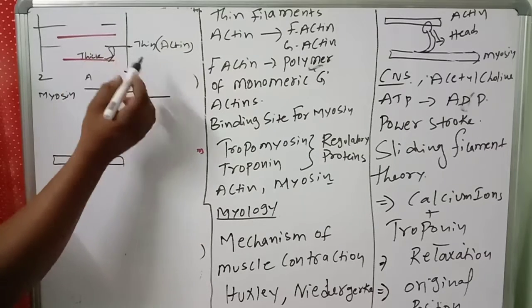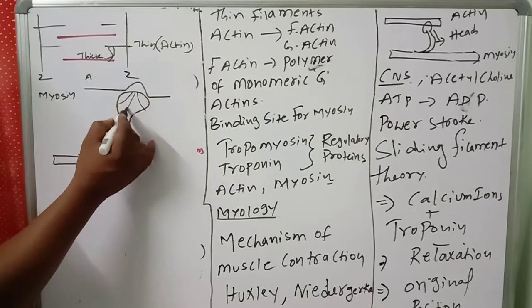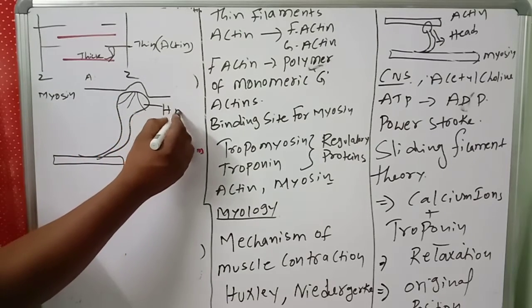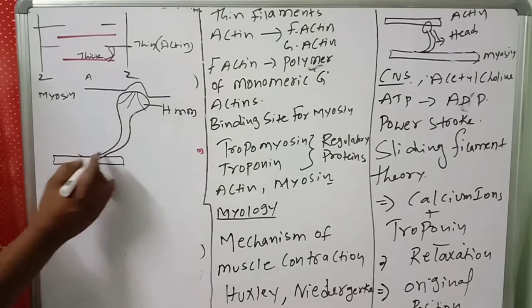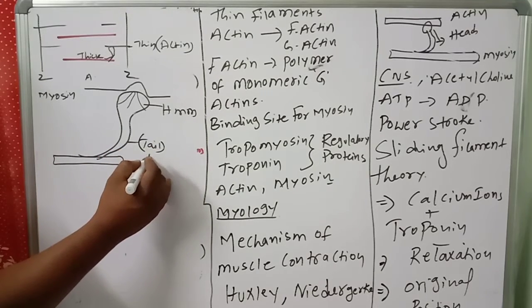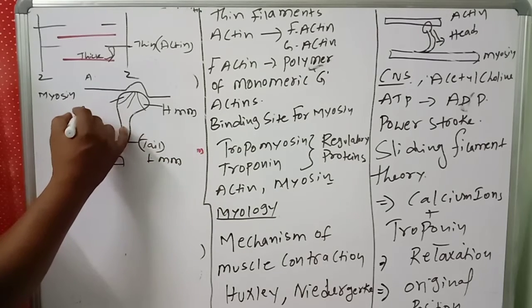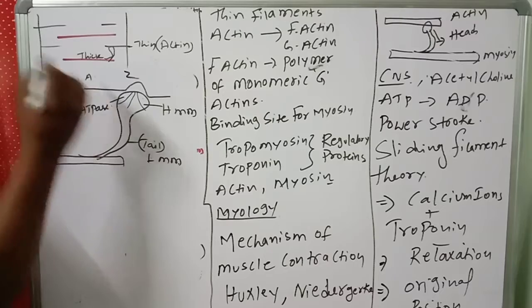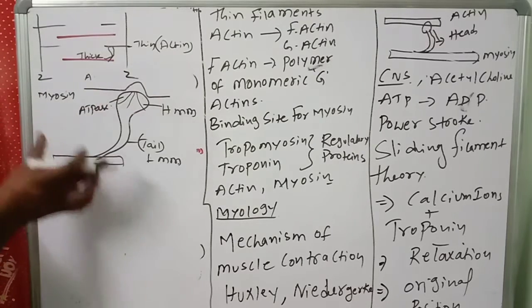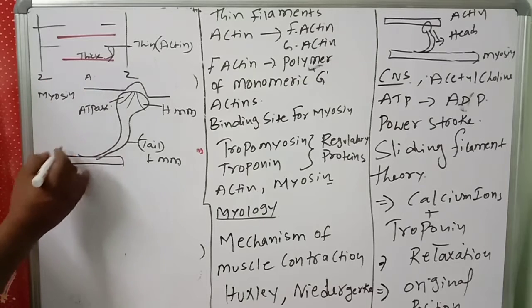This particular area is called HMM, heavy meromyosin. This particular area is the tail, meaning light meromyosin. Here is one enzyme, the ATPase enzyme. So this total structure is called meromyosin, myosin, the thick filament.